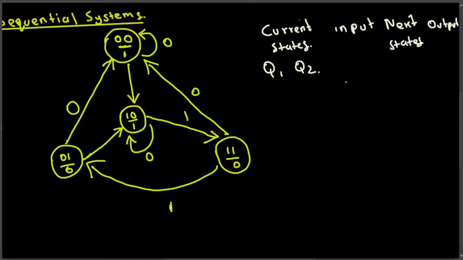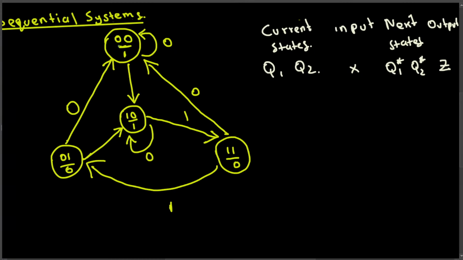So let's do this one for now. Here the input we call X, the next state is Q1 asterisk, Q2 asterisk, and the output is Z. Okay, now let's bring all of them from the diagram.